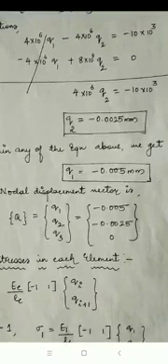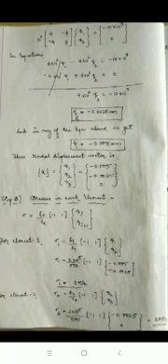For simplification, you can use any method whichever is easy for us, and solve that. We will find the Q2 value and Q1 value. Q2 value we are getting as minus 0.0025 millimeters. Q1 equal to minus 0.005 millimeters. The first part of the problem is over now, that is finding the displacements.